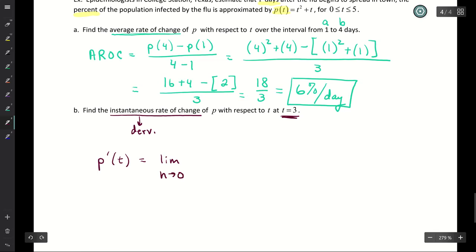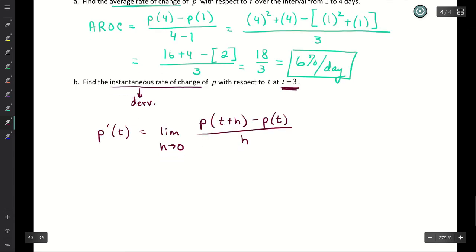So we're going to have the limit as h goes to 0. And then on this one, it would be P of, normally it would be x plus h. On this one, our variable is not x, but t. So it's going to be t plus h, and then minus P of t, all over h. Okay, a couple of things. Do be careful on your notation: we're using the function p instead of the function f.